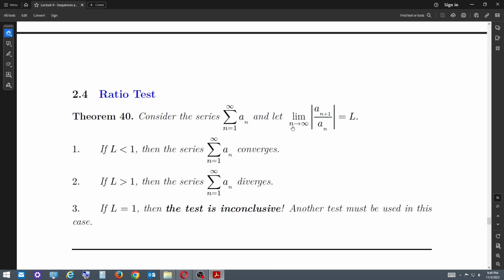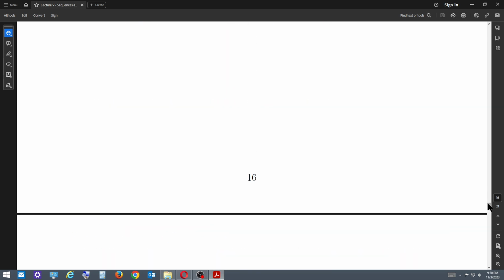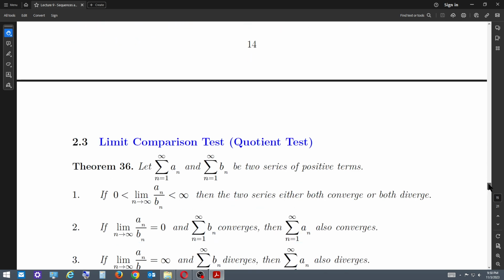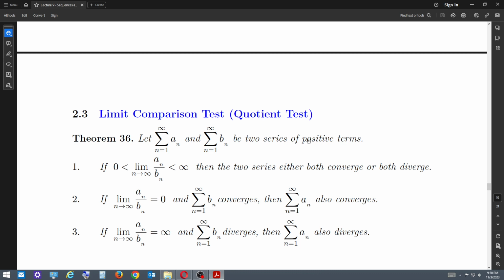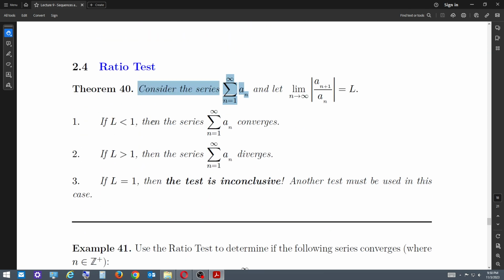Alright. Important things here, two things. One, this series does not have to have positive terms. For both of the tests above, comparison and limit comparison, both of the series had to have positive terms. They couldn't have any negative terms. But for the ratio test, it doesn't matter. You can have terms that are negative.